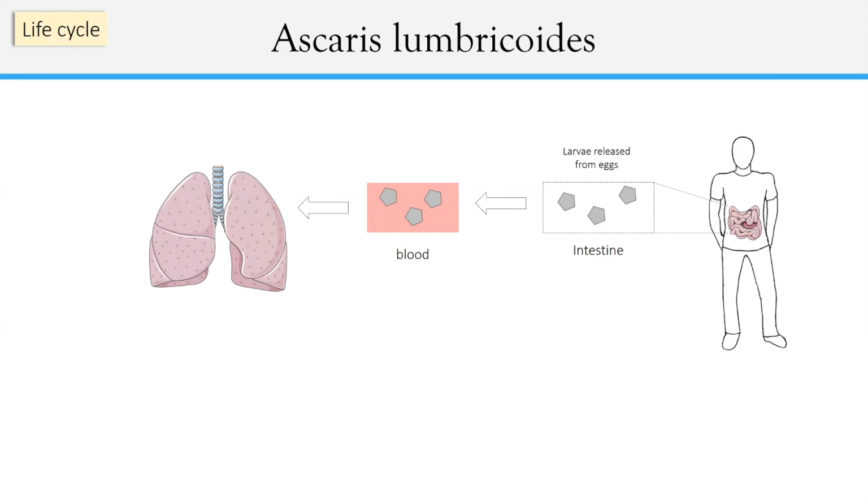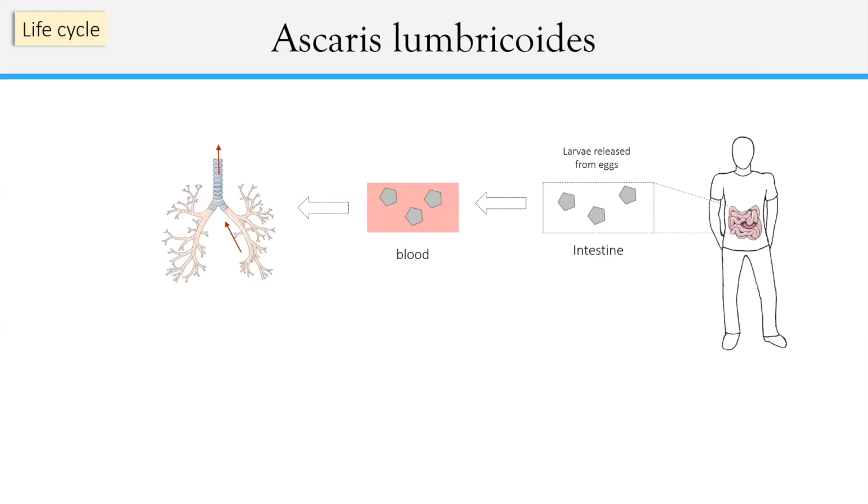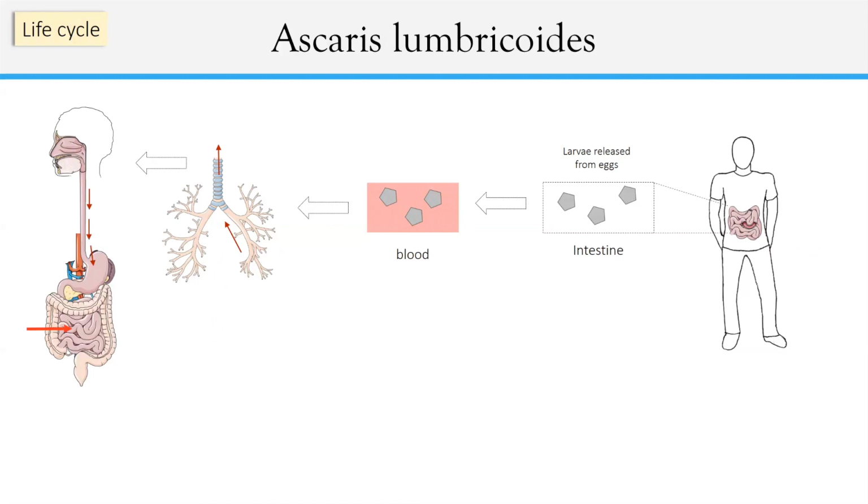From the blood, larvae migrate into the lungs, and from the lungs through the bronchial tree and trachea, larvae migrate further into the esophagus and from the esophagus into the gastrointestinal system. So they start from the intestine, go through the blood, lungs, esophagus and come back into the intestine.